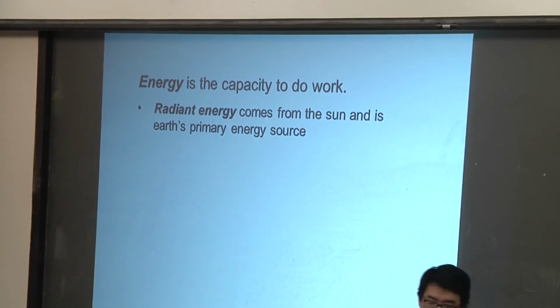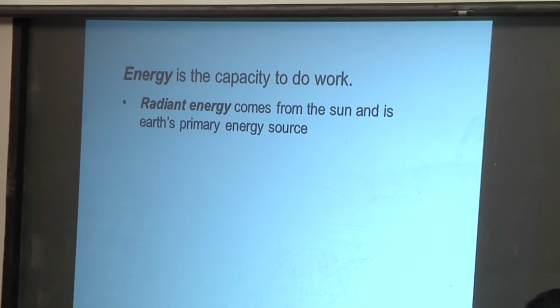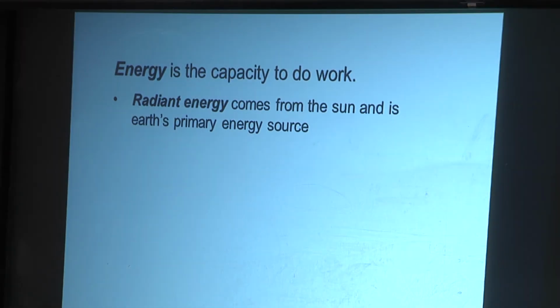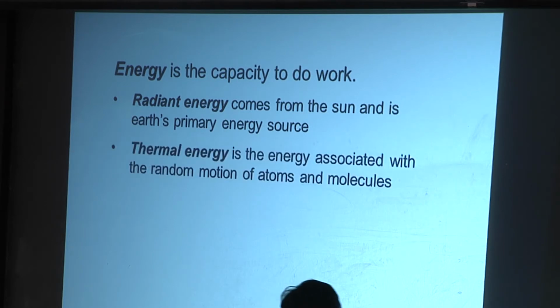also known as solar energy, right? It comes from the sun, primarily from the sun, and is the Earth's main energy source. Almost all the energy that we get comes from the sun, right? That's the initial source. Thermal energy, this is essentially where heat comes from.